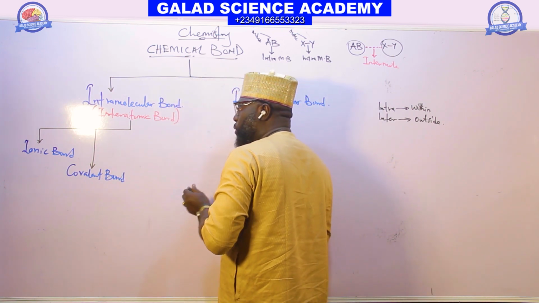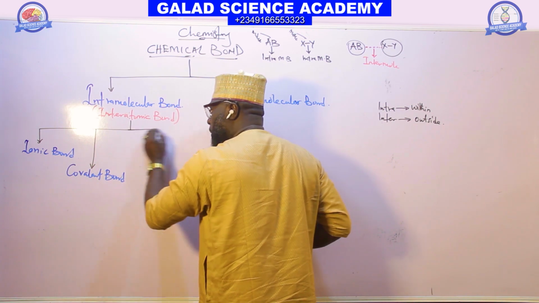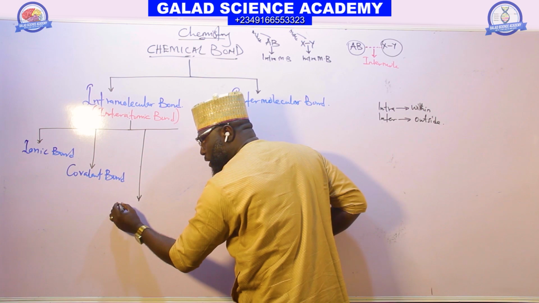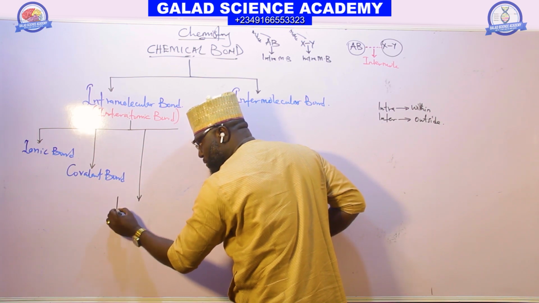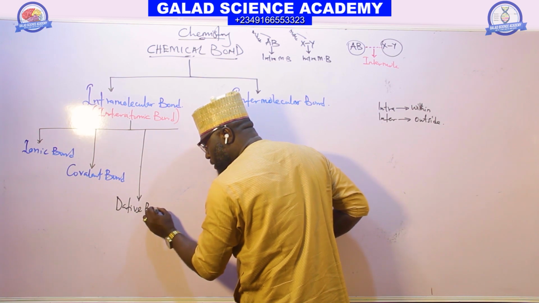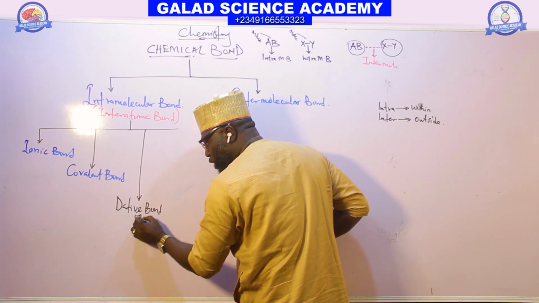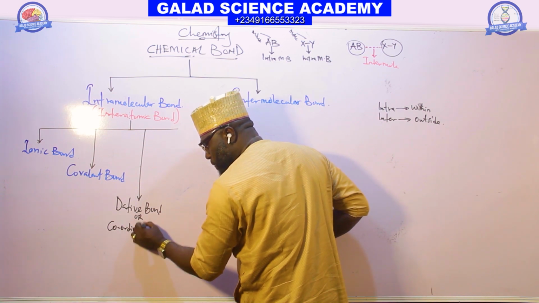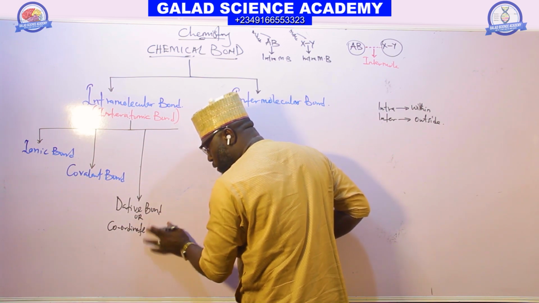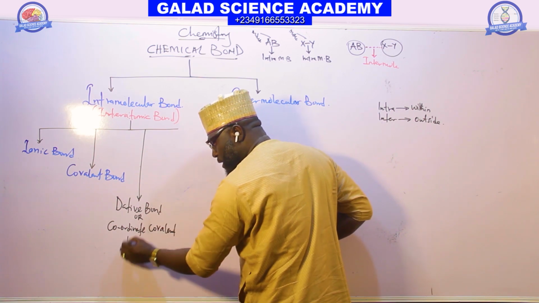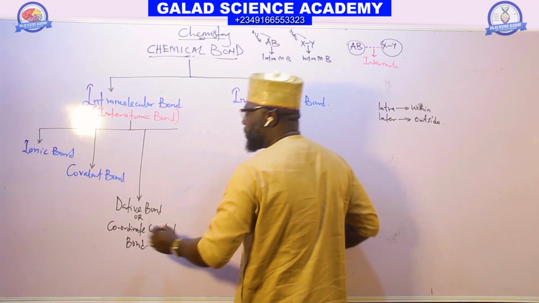The third one we have is dative bond, or we can also call it coordinate covalent bond.